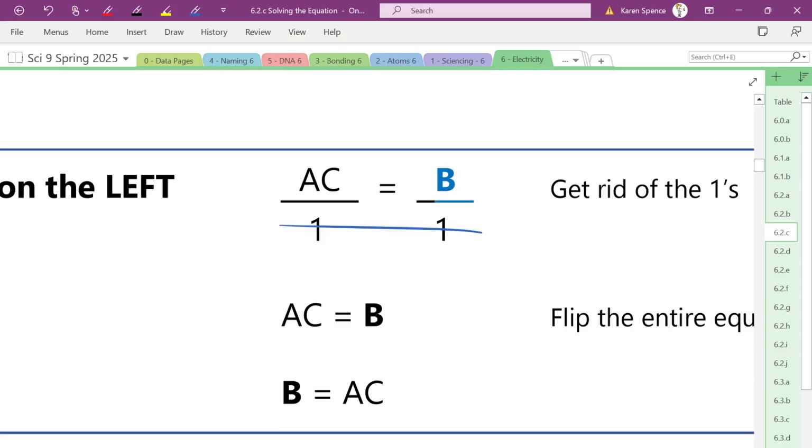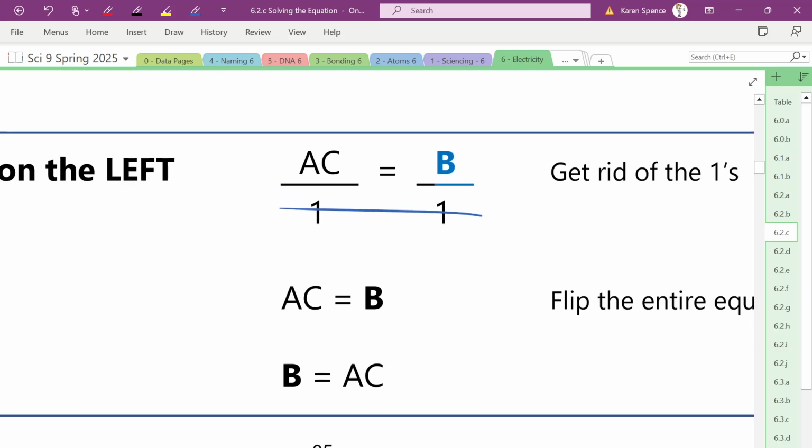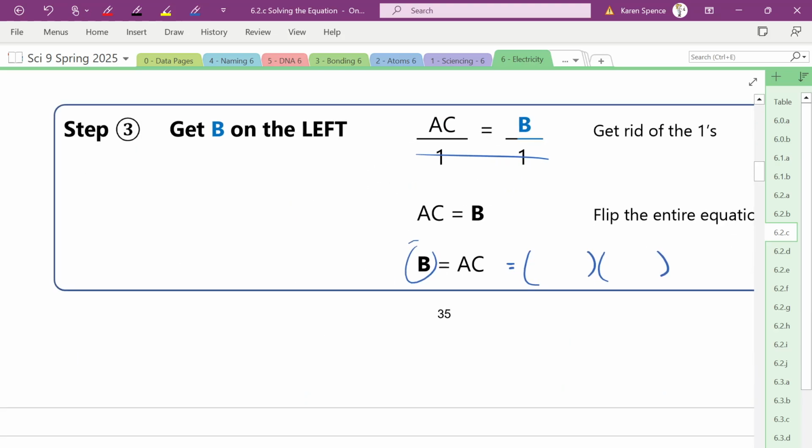Okay, so we're going to flip the entire thing so the B ends up on the left and the A and the C are on the right. And the reason that we want it on the left is because that's going to be really good when we start substituting things in, right? Like if we had something here, we could substitute in our numbers when we start doing the guess cubs with that.